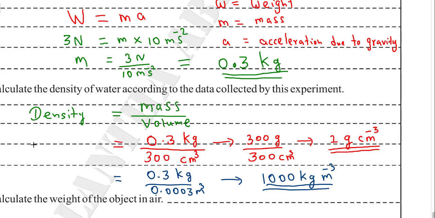That means, children, how did I convert 300 cubic centimeters? Cubic centimeter means 3 times centimeters. With your mind, you have to understand, right? 300 cubic centimeters means it is multiplying, cubic means 3 times multiplying.